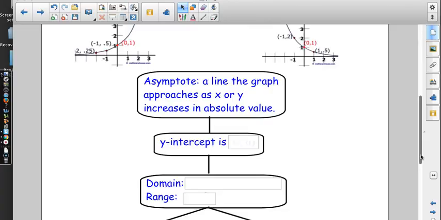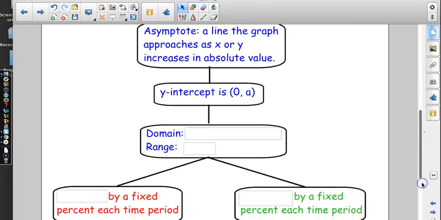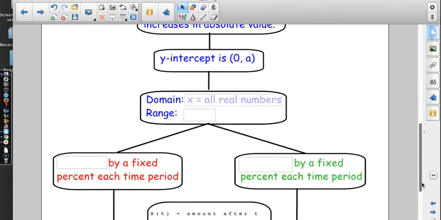The y-intercept is always going to be 0, a. That's kind of nice. That would be one really nice point that we can get for all of these. And then our domain: we can put in whatever numbers we want. All real numbers, you can make the symbol with the R with the extra line if you want. But we don't get all y's back.